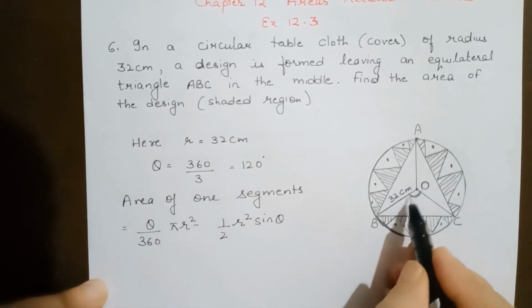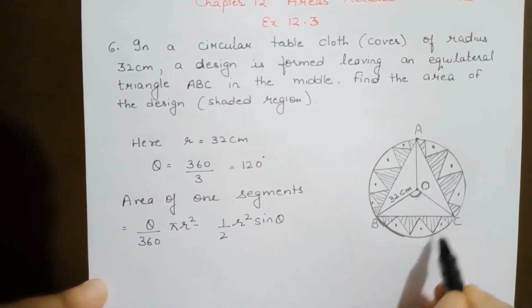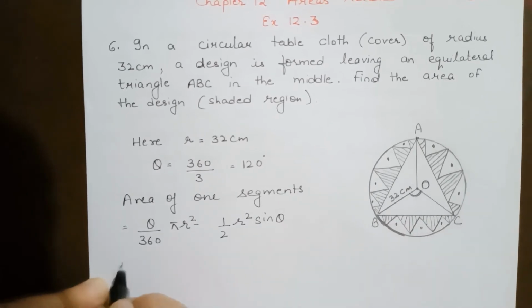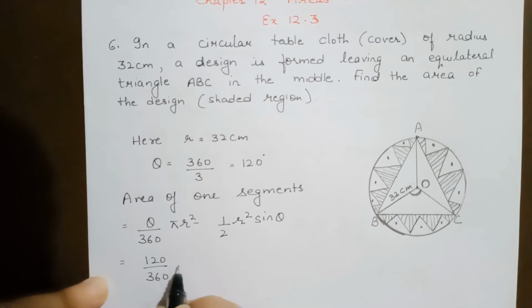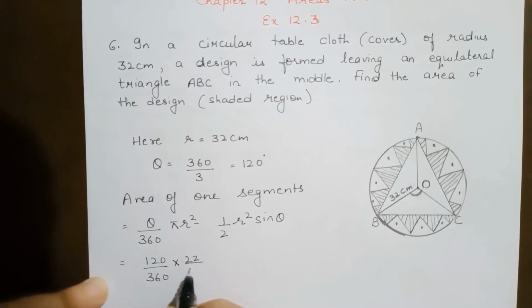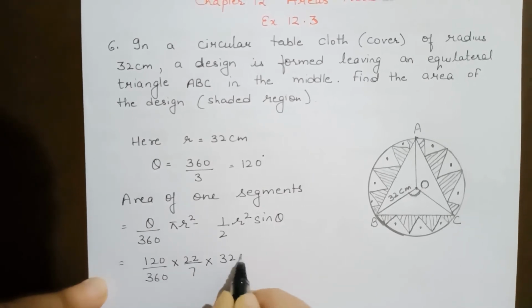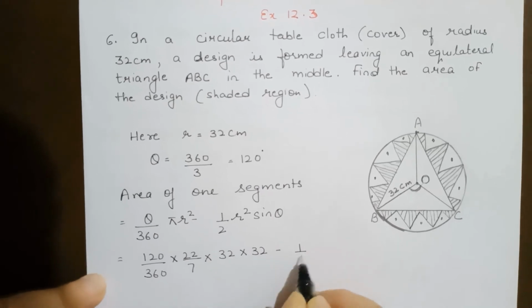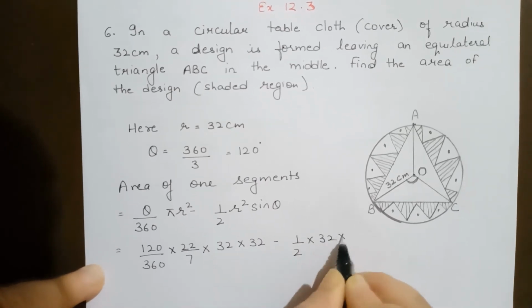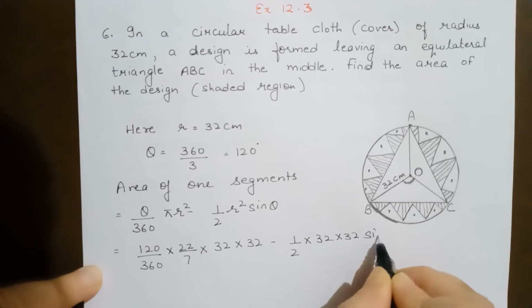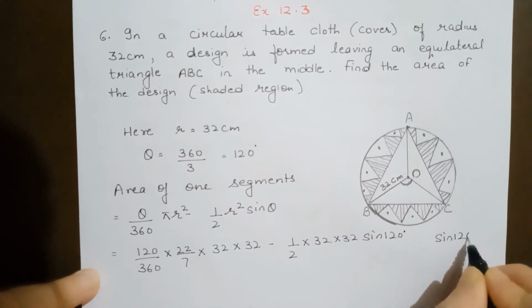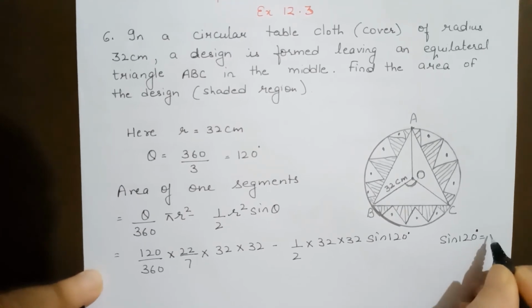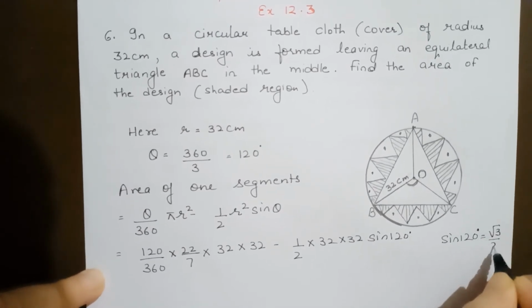This complete is the sector and this is a triangle. So this will be equal to 120 over 360 into 22 by 7 into 32 into 32 minus half into 32 into 32 sine of 120 degree. Now remember, sine of 120 degree is the same as sine of 60, which is root 3 by 2.